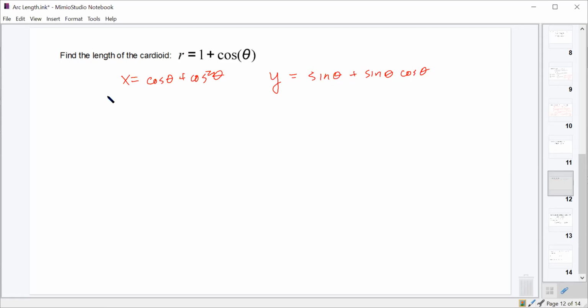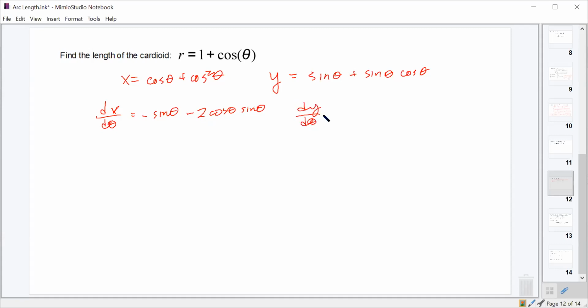All right, so what's dx d theta? Negative sine theta, and then for the cosine squared theta, minus 2 cosine theta sine theta, or minus sine 2 theta if you prefer.